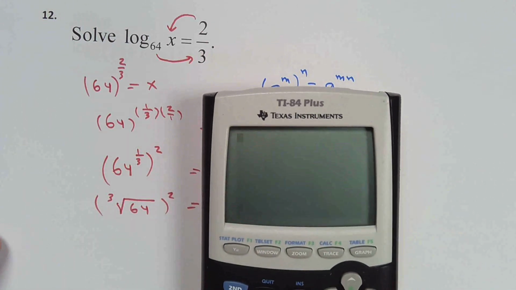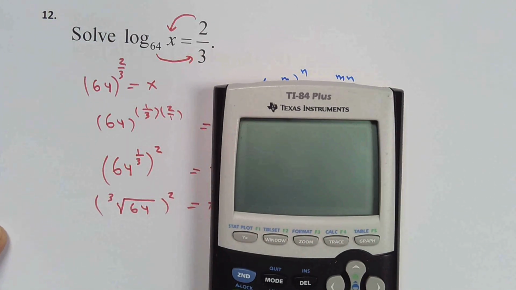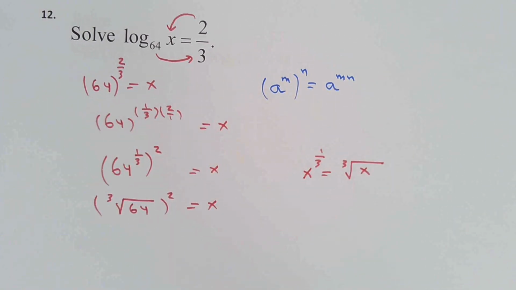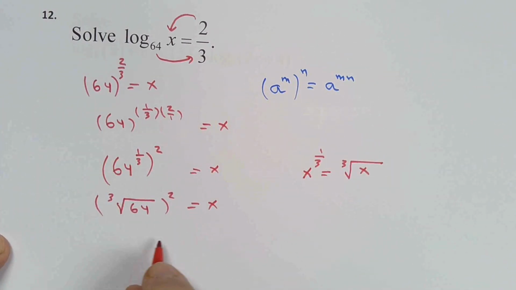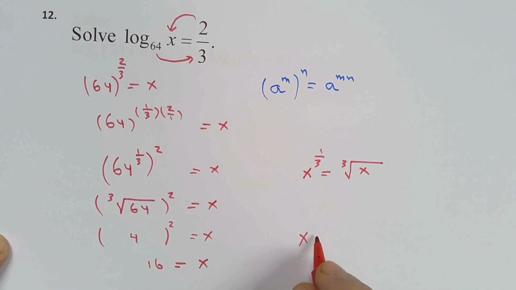Cubic root means to the power 1/3, which is 4. 64 to the power 1/3, that's the cubic root, which is 4. So inside it's 4, we still have the 2. 4 to the second is 16, and that should do it. So x equals 16.